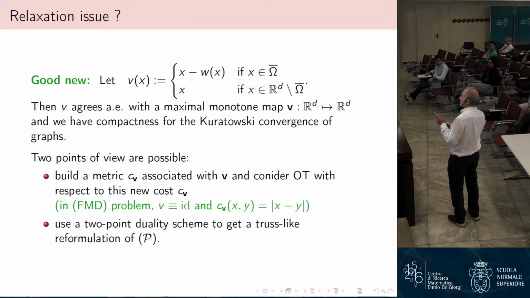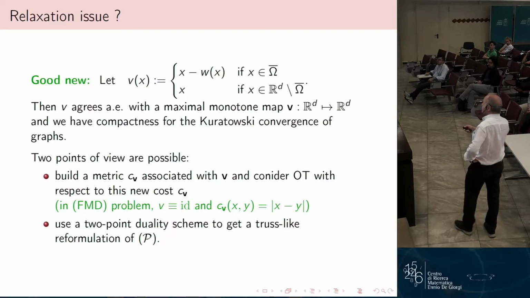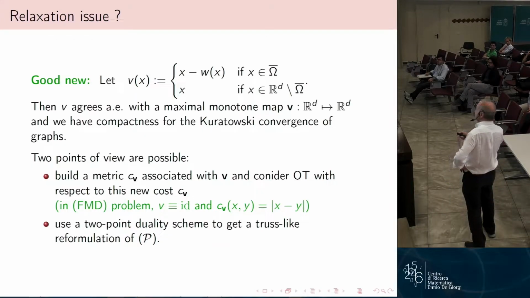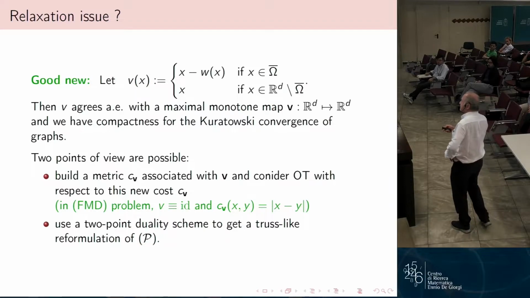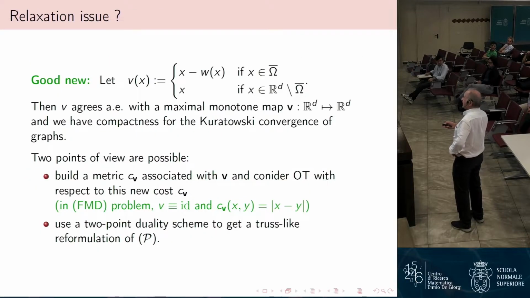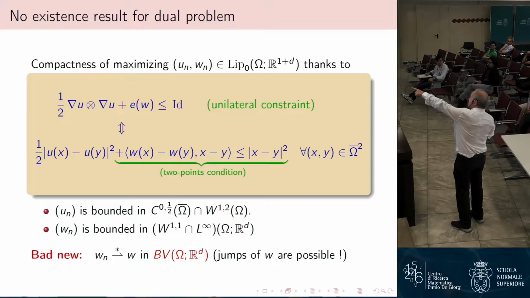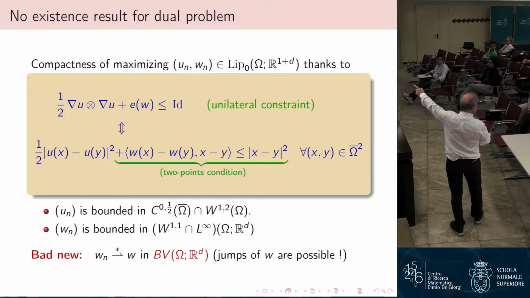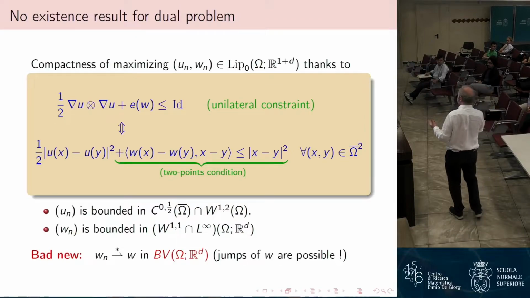And if you consider this change of variable, you take the identity minus the W of X, you obtain that V has to be monotone, because you obtain that (V(X) minus V(Y)) dot (X minus Y) is greater than U of X minus Y squared, so it is positive.